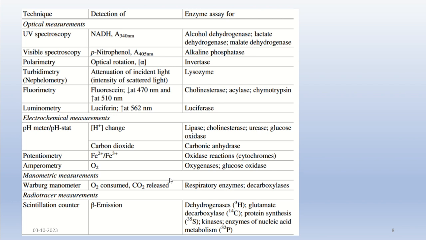Carbon dioxide by carbometer, likewise potentiometer, amperometer, and radiotracer measurement. Yes, it is also used for detection of beta emissions with these enzymes. Or you can measure metabolic activities, metabolism from one substrate to another substrate. Pathway analysis is also possible with a scintillation counter.